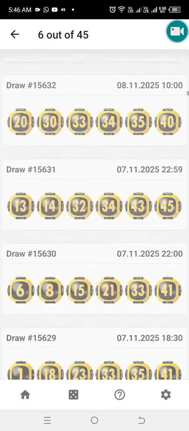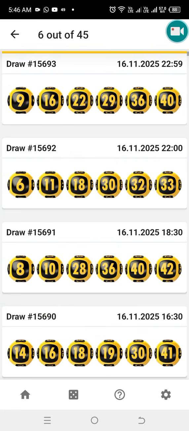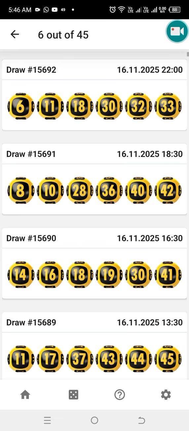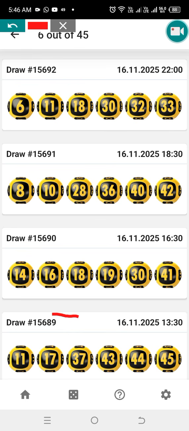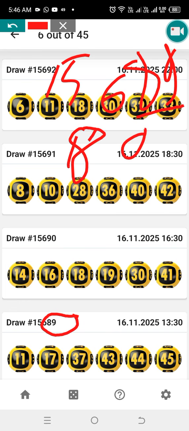So let's go to our usual, which is for the current or recent one. Recent one, for example, me, I have 89. 89 is a big number, eh? So you're gonna say 89 because the code is 15,689. Then you focus on the last two numbers, which are 8 and 9.